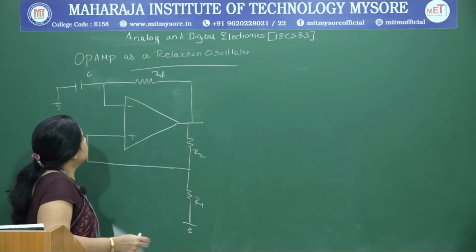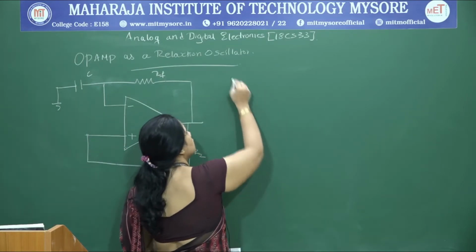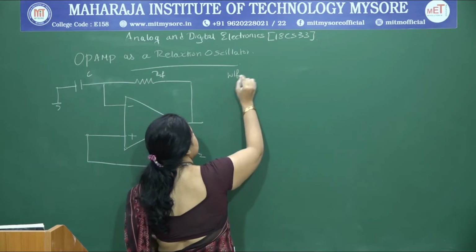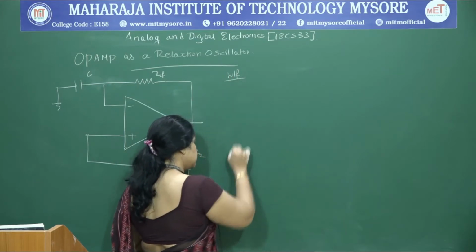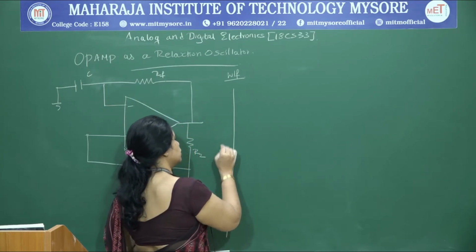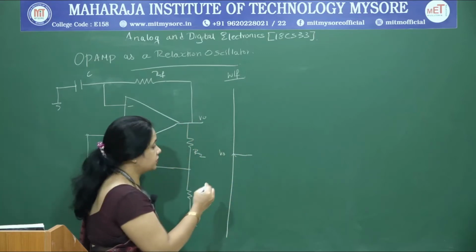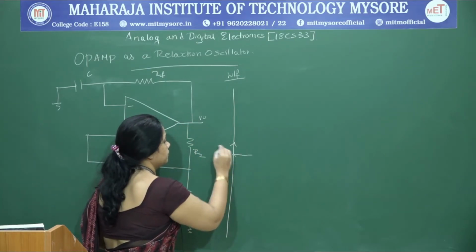Let me write the waveforms. If I call this output voltage V naught, let me assume initially the output is at positive saturation.